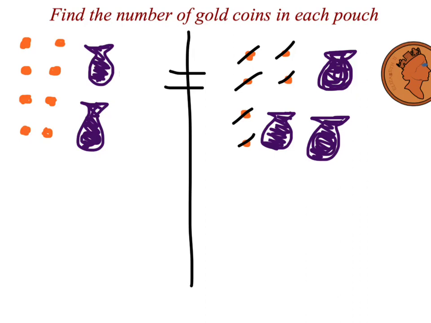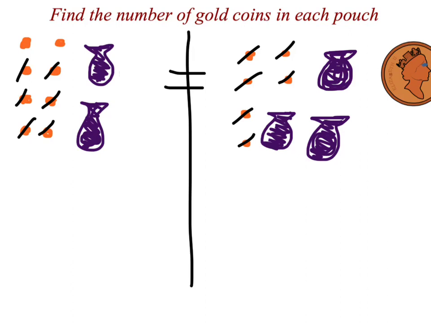And to maintain equality, I'm going to cross that same number out on the left side, and that would be 6. So essentially, I have subtracted 6 from both sides. I'm left with 3 purple coin pouches on the right side, 1, 2, 3, and on the left side, I'm left with 2 coin pouches and 2 coins.